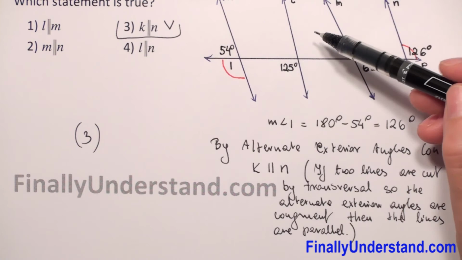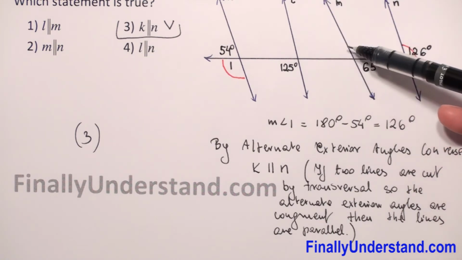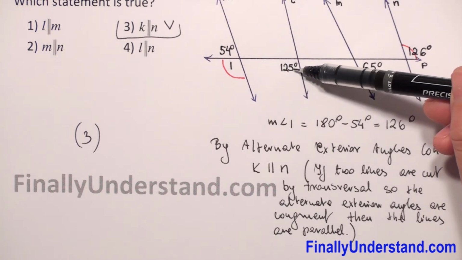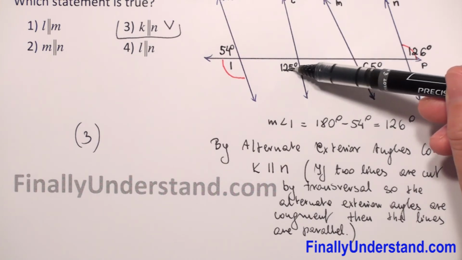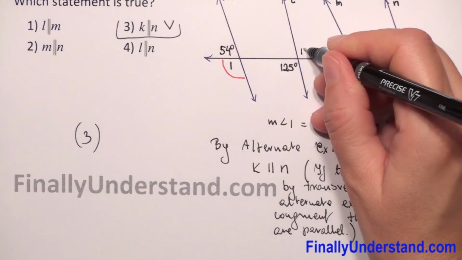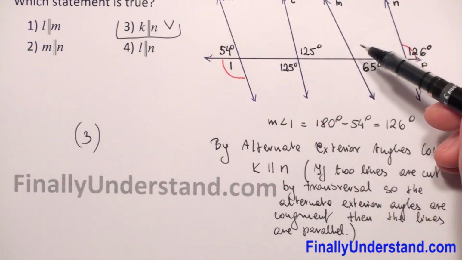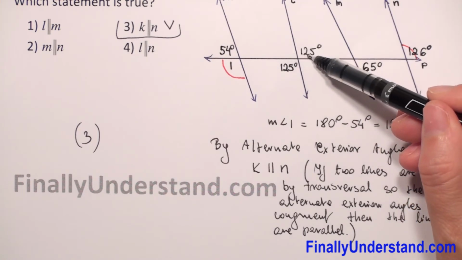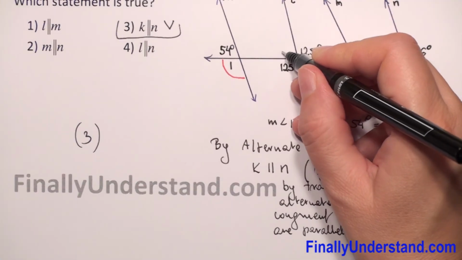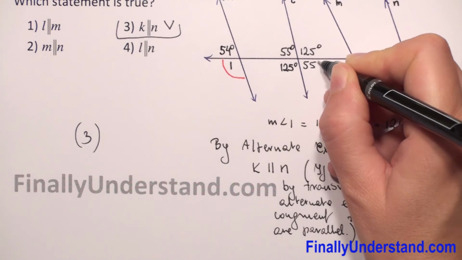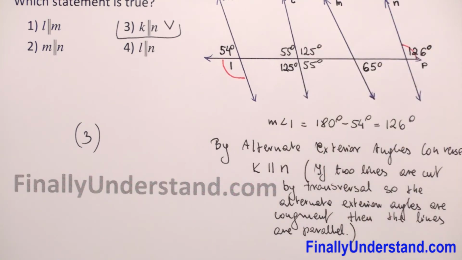If you check the rest, L and M, we see that here we have the given angle 125 degrees. So these two angles are vertical angles, so here we have also 125 degrees. And the supplementary angle to 125 degrees will be 55 degrees. Here we have 55 degrees and also here, because these two angles are vertical angles.